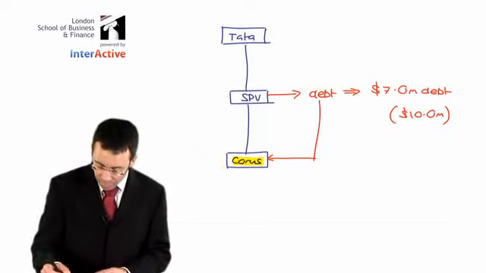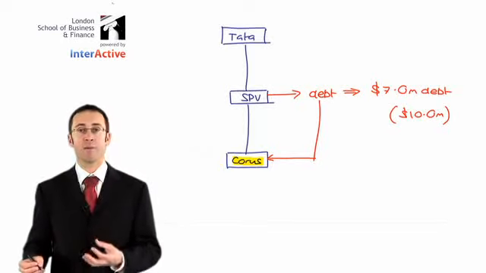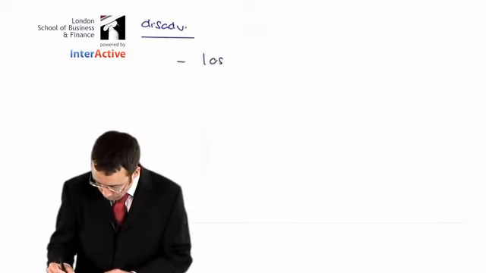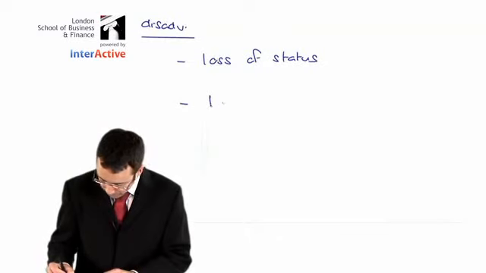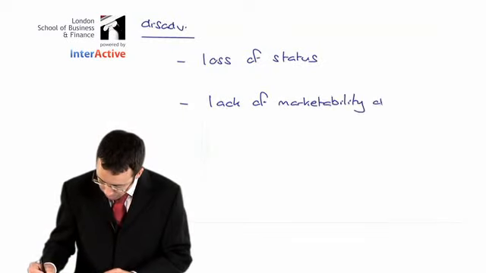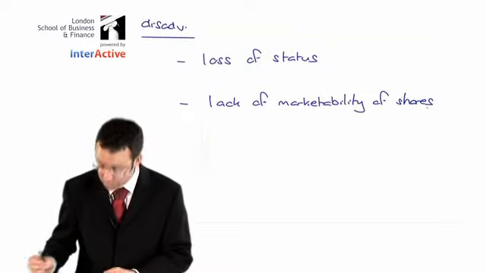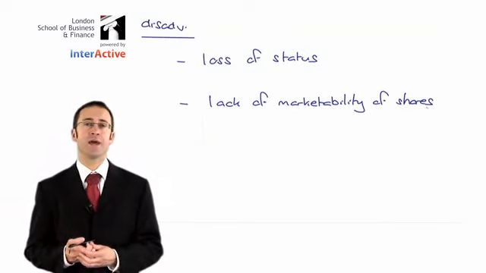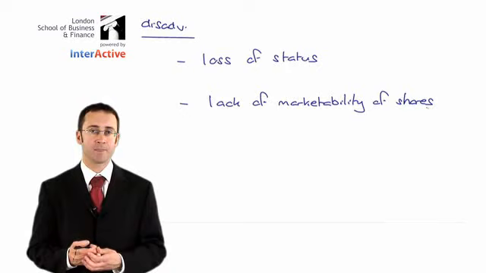If you think about the downside of being taken over by another business in your reconstruction and then becoming delisted, the disadvantages are: one, your loss of status, and two, a lack of marketability of the shares. So if you are no longer listed, the shares can no longer be bought or sold, and there's a status symbol with being listed.